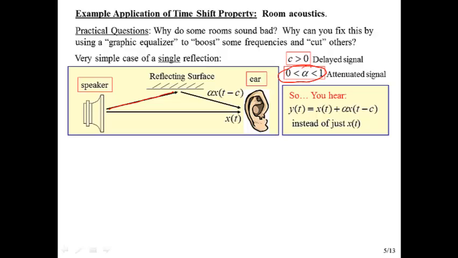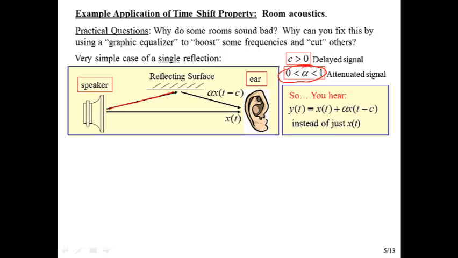Some of it will be absorbed, and how much is absorbed depends upon the particular type of surface. If it's a nice smooth hard surface, alpha will be close to 1, but if it's a sound absorbing material, like foam or something like that, then alpha might be very close to 0.